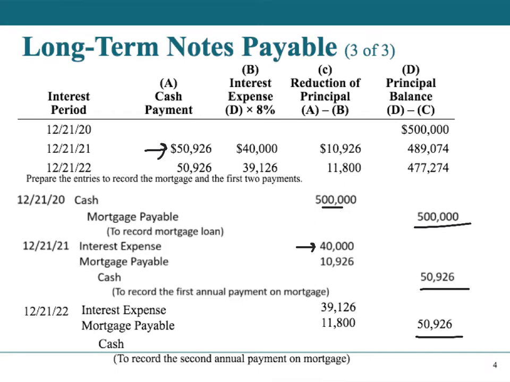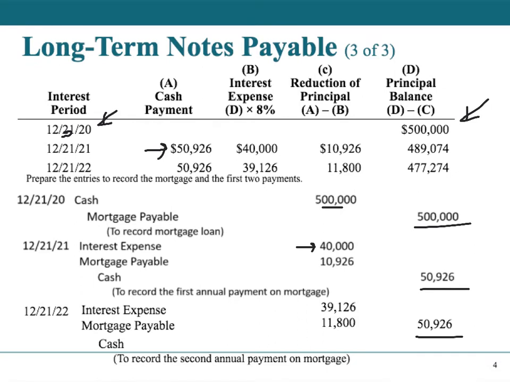Now, one question you might be asking yourself: how will I show this mortgage on the balance sheet? For example, as of December 31st, 2020, we know that your overall total liability is this much, but you will have to split it between the amount due within a year and the rest.